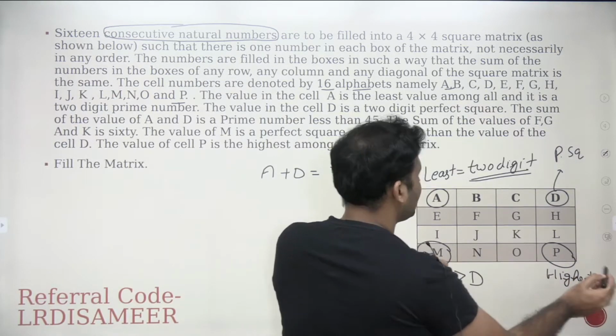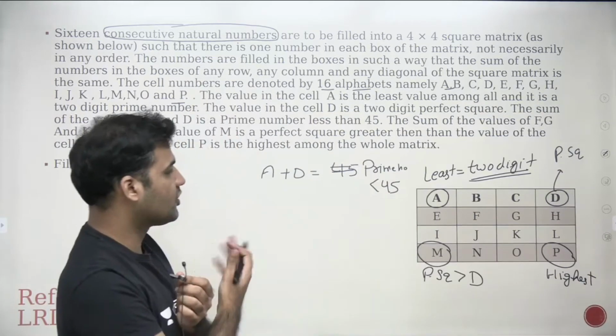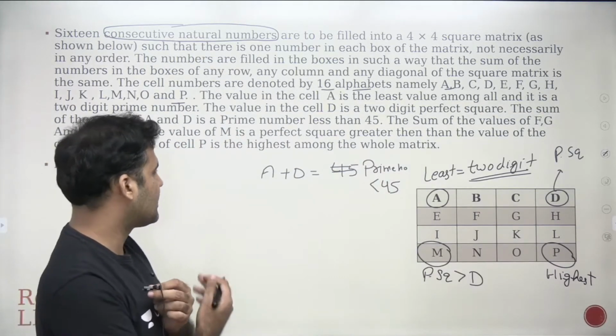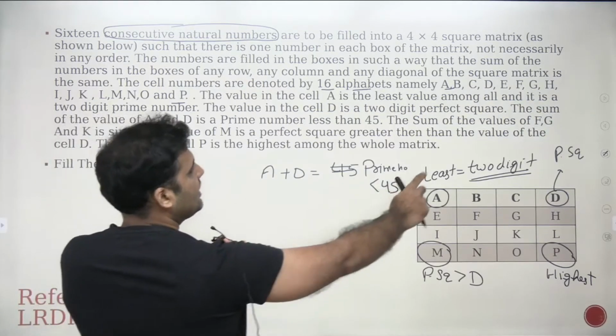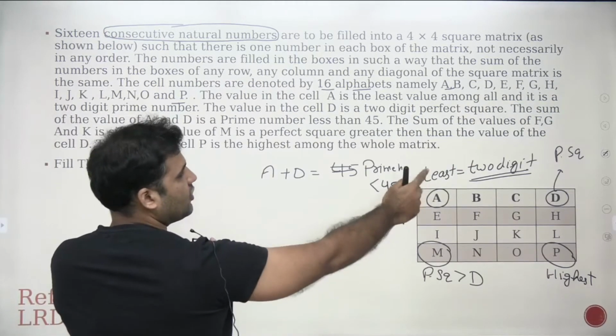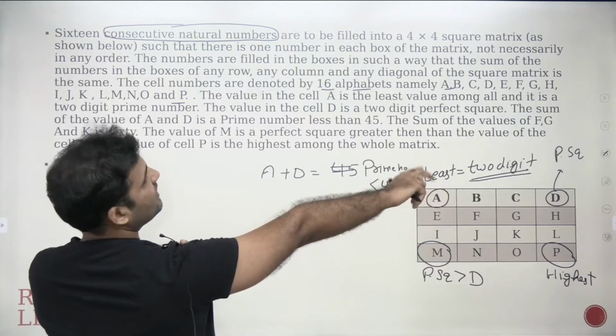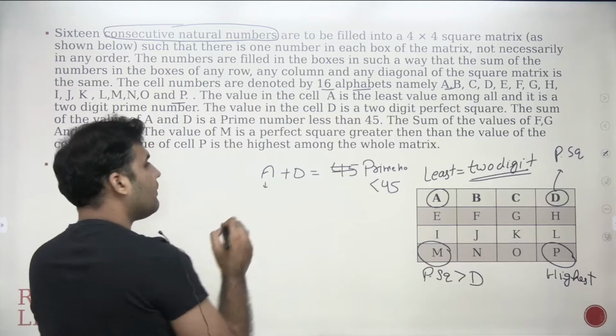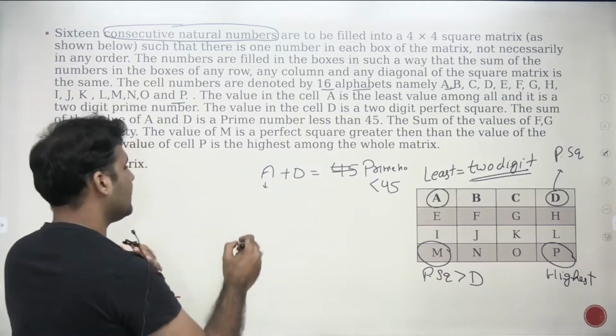Now, let's find out these corner values, because every statement is talking about these corner values. Let's start. So tell me, what is the least 2-digit prime number? A is the least value among all and it's a 2-digit prime number. The first 2-digit prime number is 11.